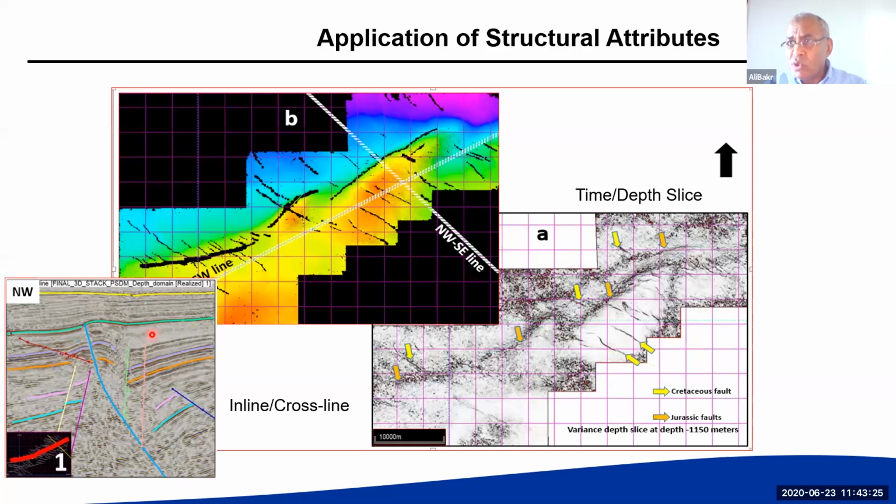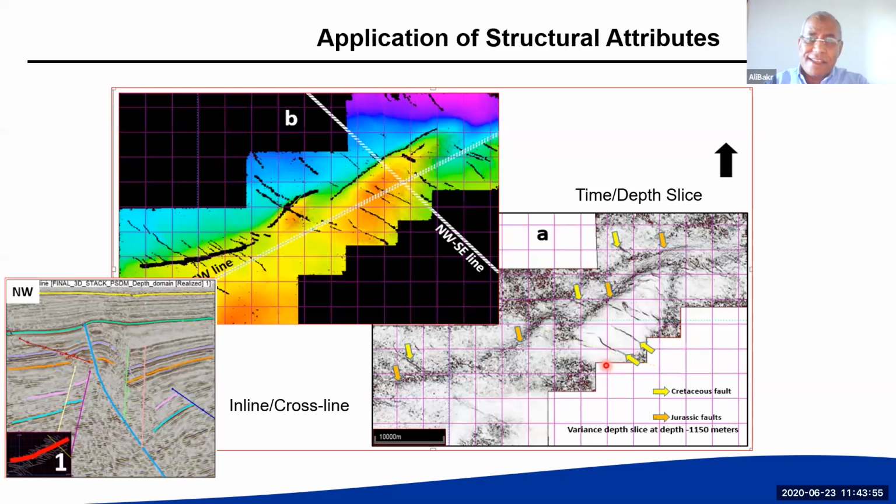This attribute is a calculation with a mathematical meaning, a correlation between each single trace, and it gives me another seismic volume called the variance cube. From that variance cube, I can cut a time slice, or a depth slice if the data is in the depth domain, at any level, from zero up to the end of the data.